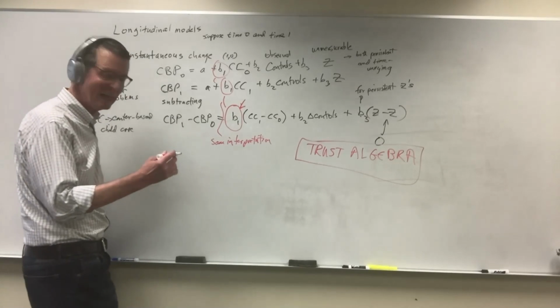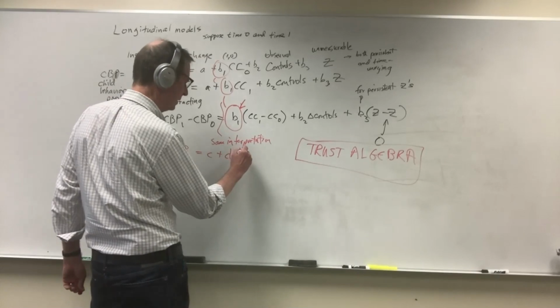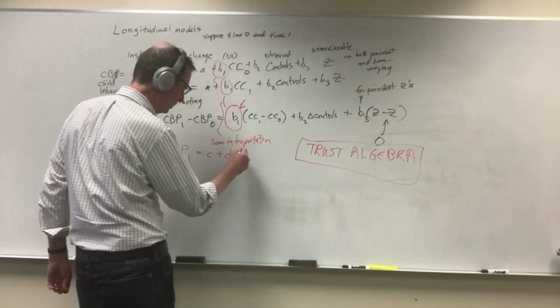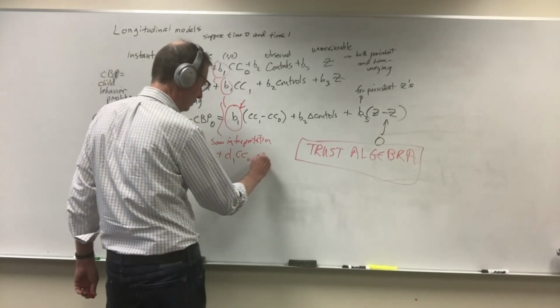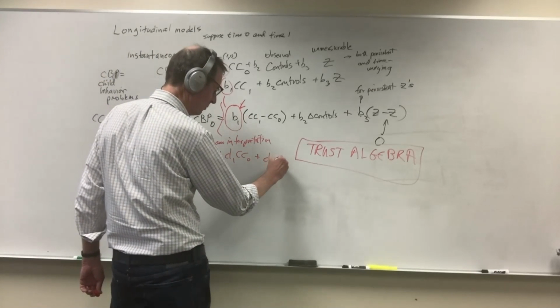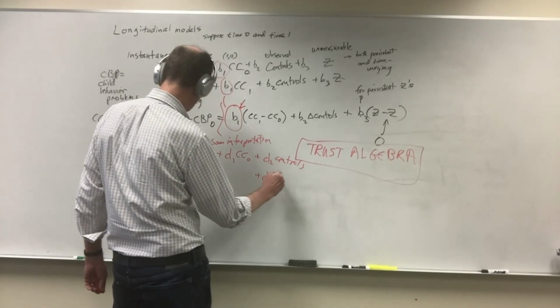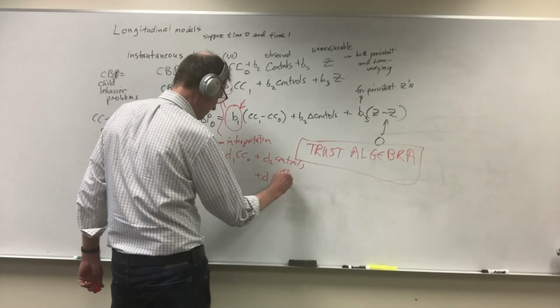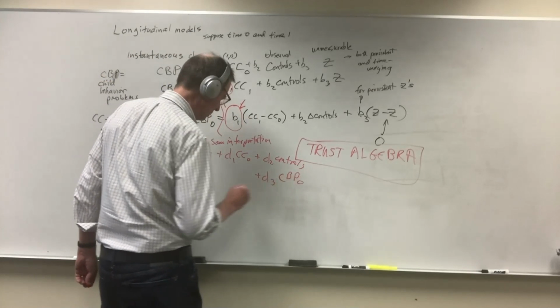Residualized change, in other words the lagged dependent variable model, would have child behavior problems at time 1 as a function of C plus D1, child care (probably 0, since there's typically no change in child care in those equations), plus D2 controls, plus D3, child behavior problems at time 0.